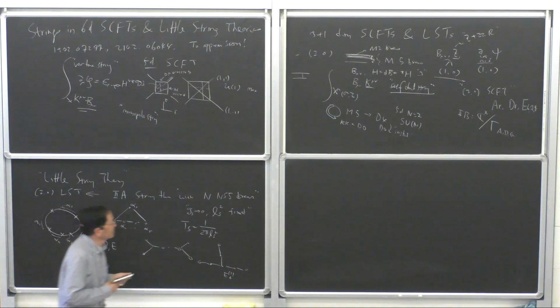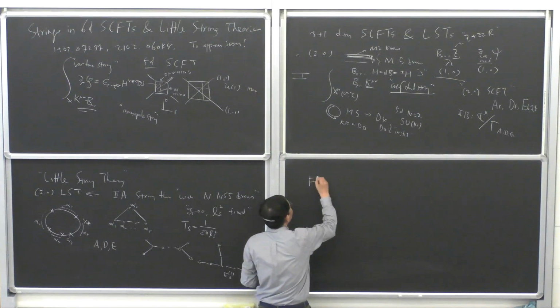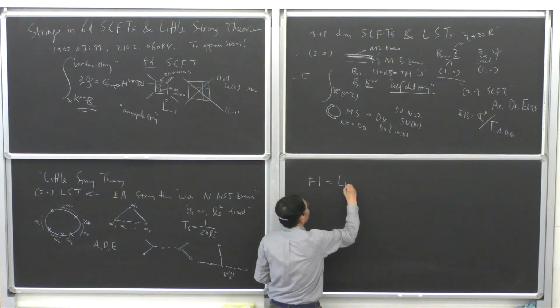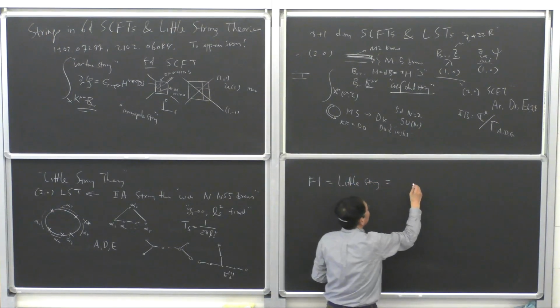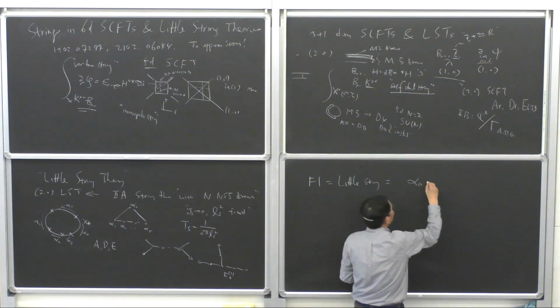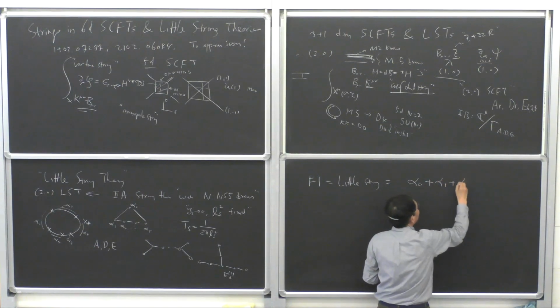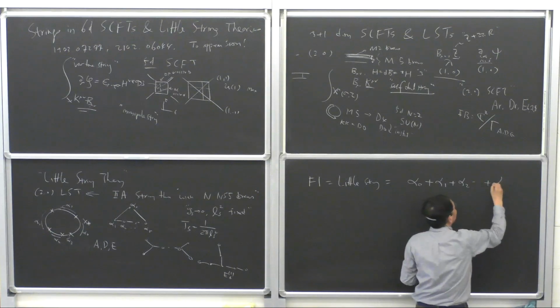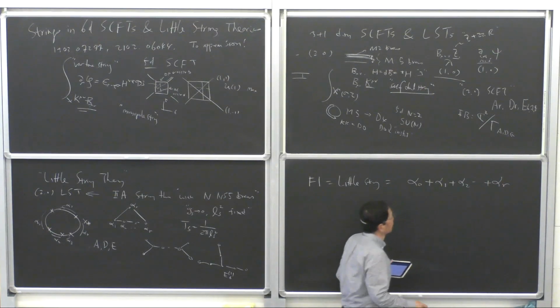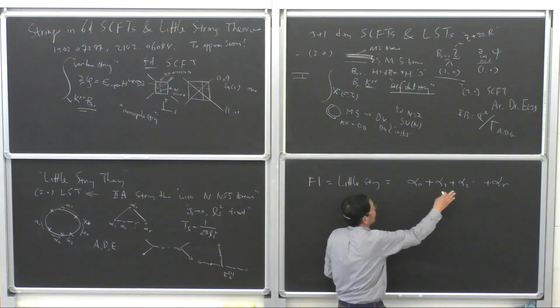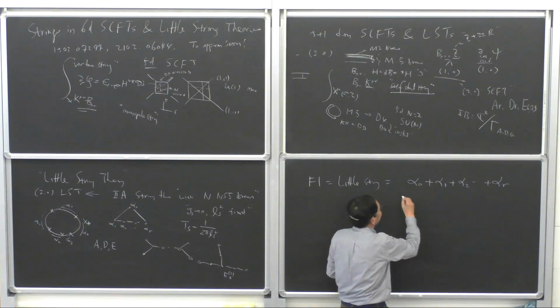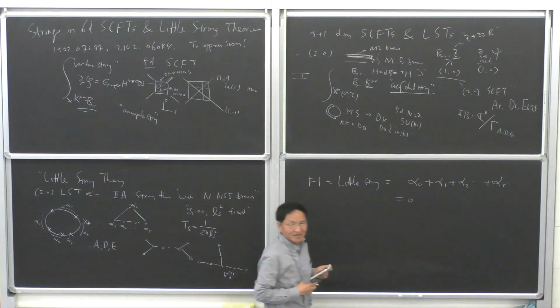A-type case, so the fundamental string is made of the self-dual string plus alpha 1 plus alpha 2. Okay, and so if I just look at the charge of this theory, it is equal to 0 because that's what A-type is.